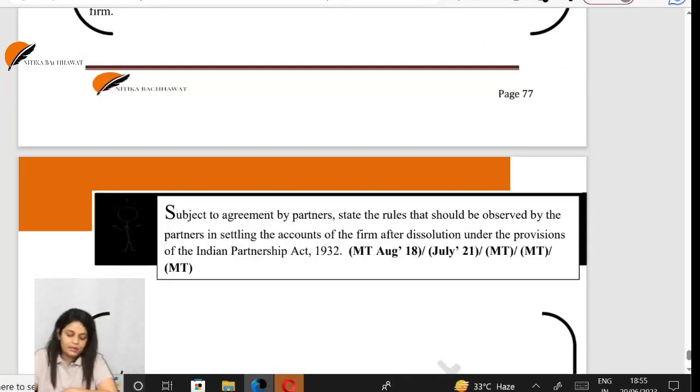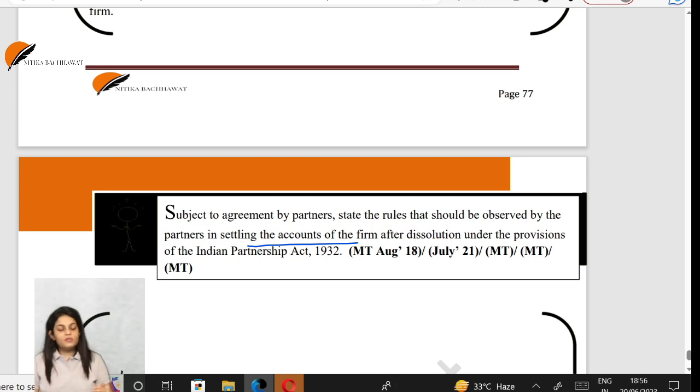What are the contents? We have already discussed. Subject to an agreement by the partners, state the rules that should be observed by the partners in settling the accounts. So while settling the accounts, we first settle the outside liabilities. After the outside liabilities, we settle the partners' advance, then partners' capital, and then if there is any surplus, it is divided amongst the partners in their profit sharing ratio.